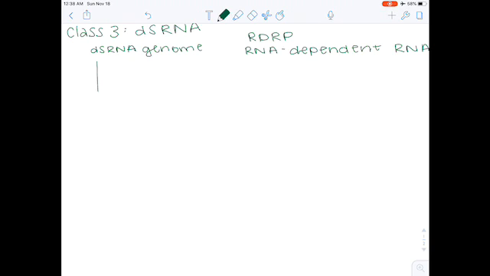So, the double-stranded RNA genome is going to be transcribed right here. And it's going to be transcribed by RDRP into mRNA.